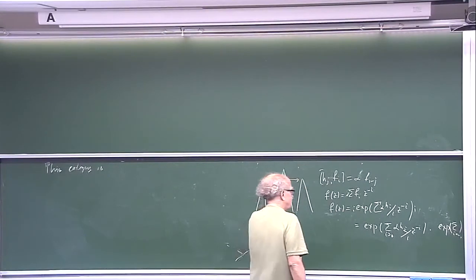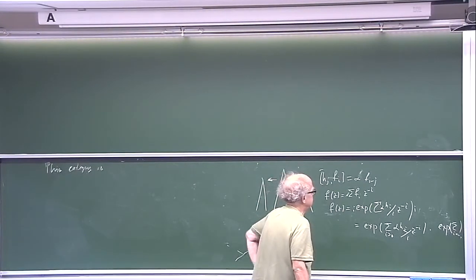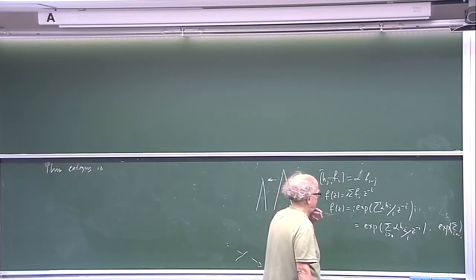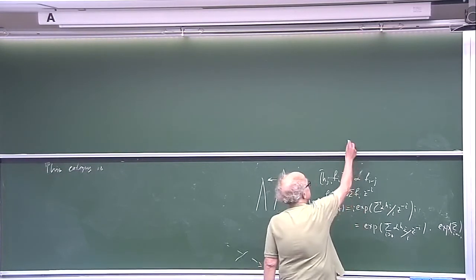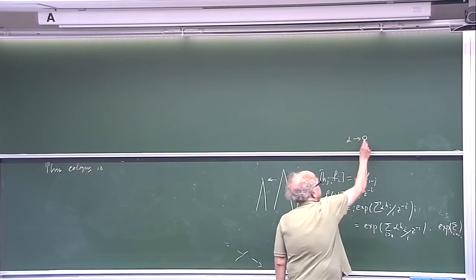But this is what, with Edward Frenkel, we call the classical limit. It is possible to see what is going on if the parameter alpha goes to 0.